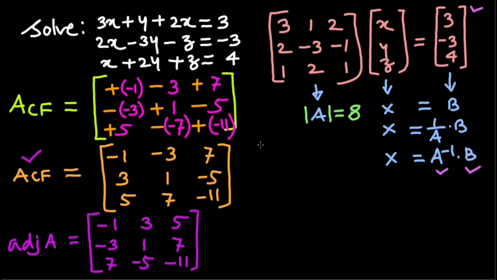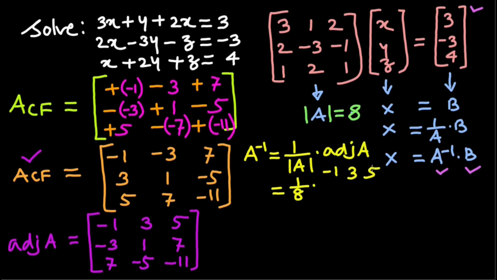Now we have the formula for A inverse as 1 upon determinant of A into adjoint of A. So it will be 1 by 8 multiplied by minus 1, 3, 5, minus 3, 1, 7, 7, minus 5, minus 11. So this is A inverse.